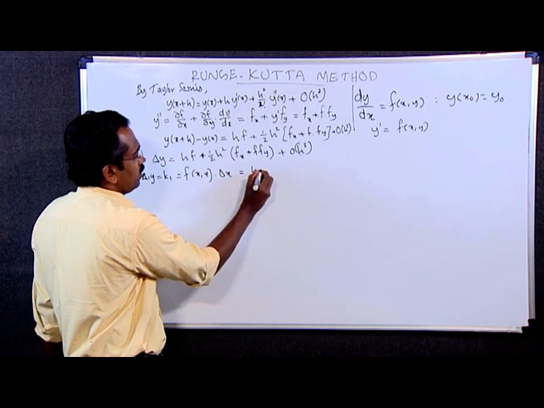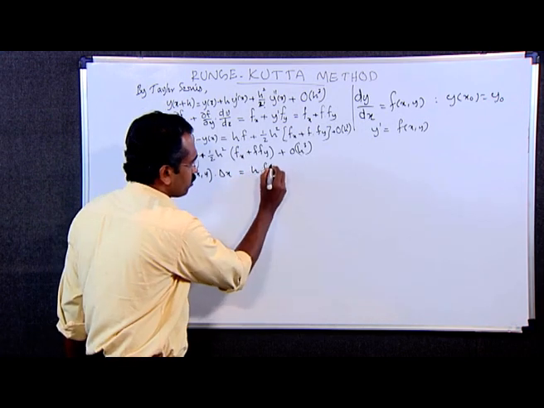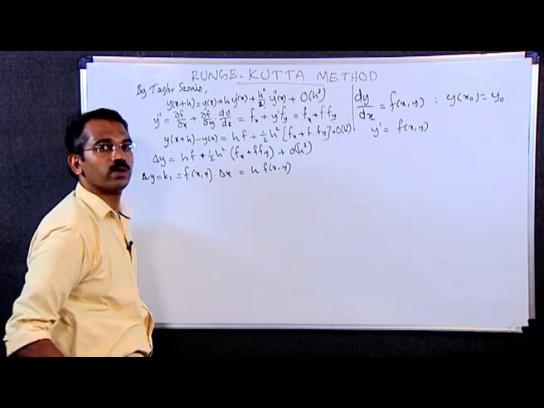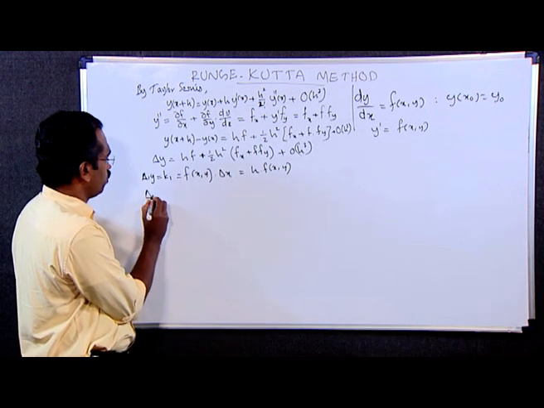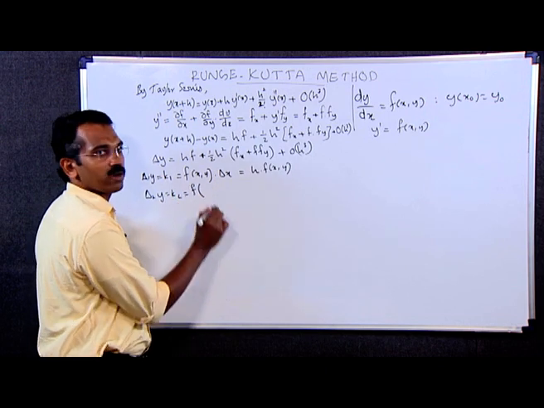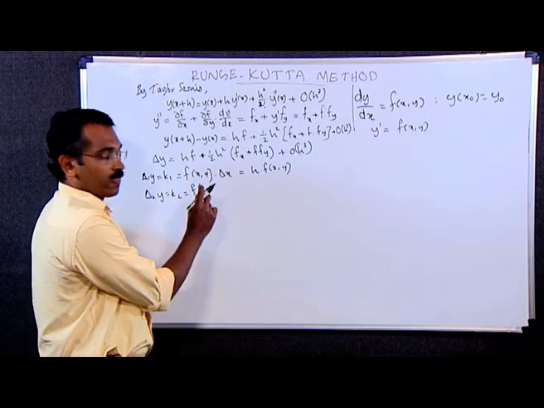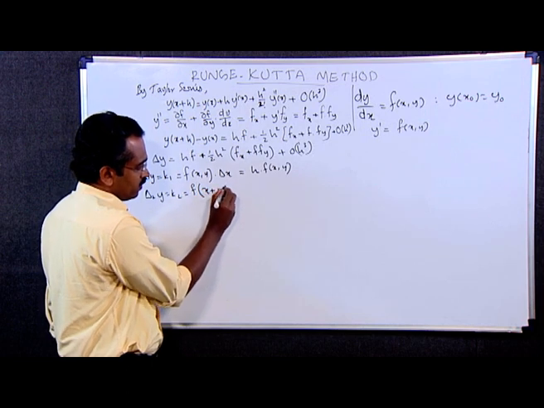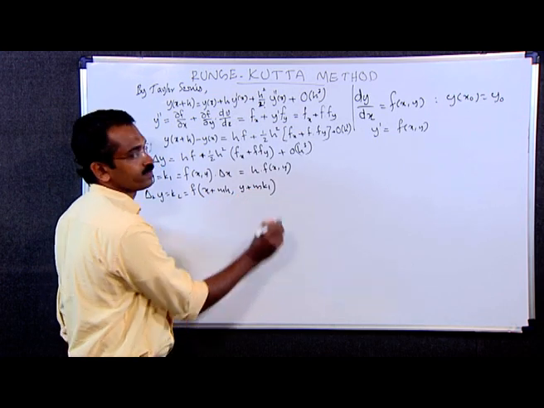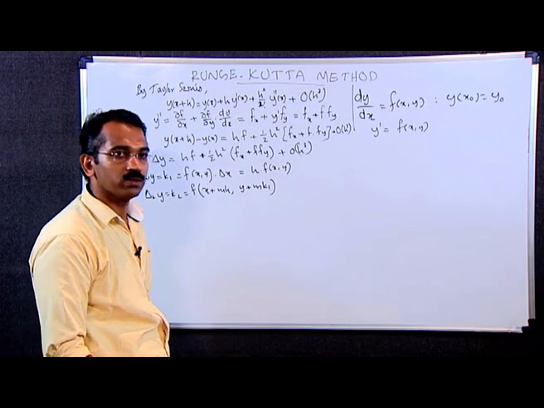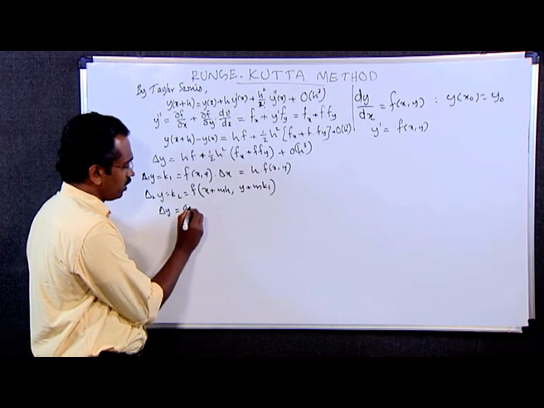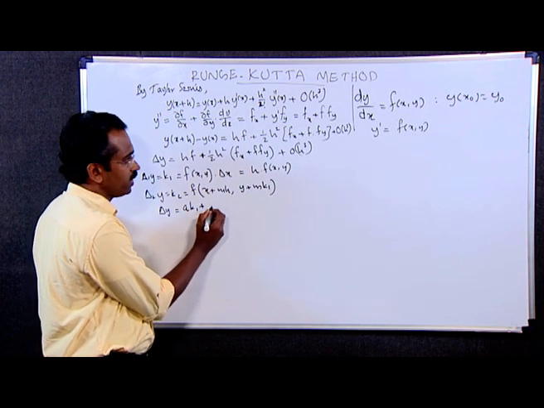Delta x means h, so k1 is equal to h into f of x y. Delta 2 y as k2, which is equal to f of x plus mh comma y plus m k1, and delta y as a into k1 plus b into k2.